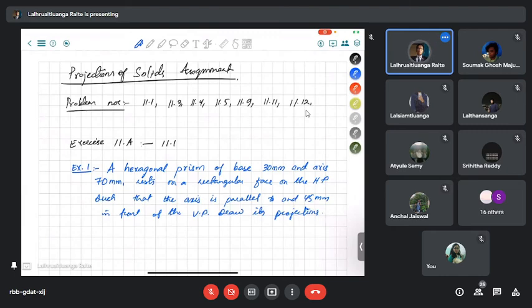If you guess it wrong, also it is fine. It is parallel to VP and HP.